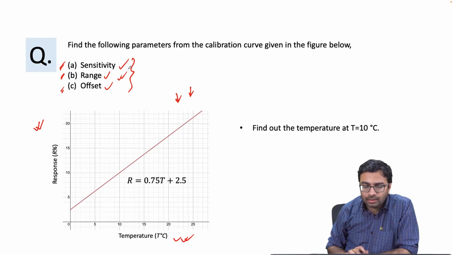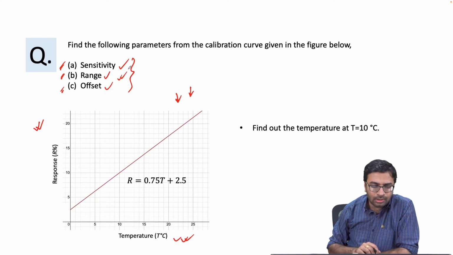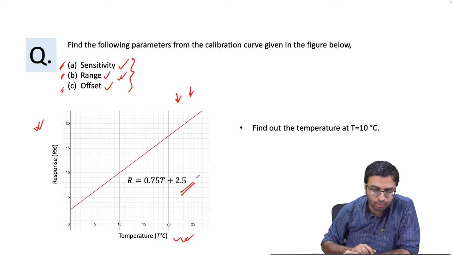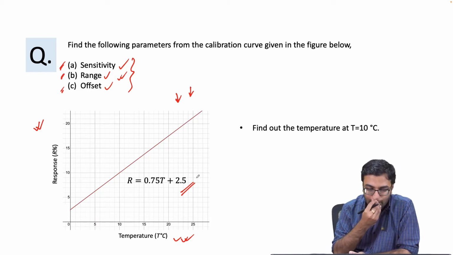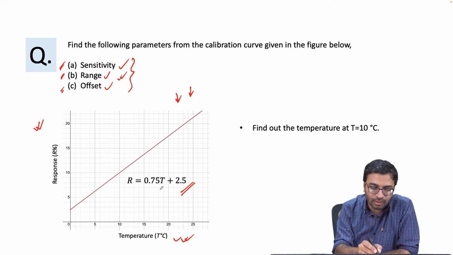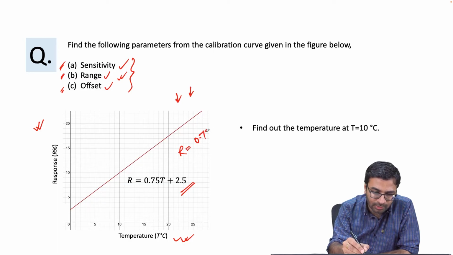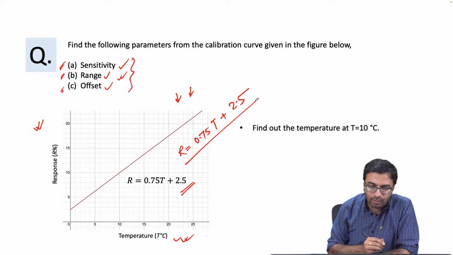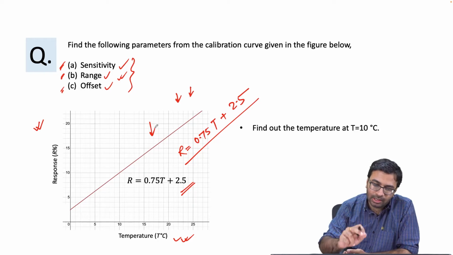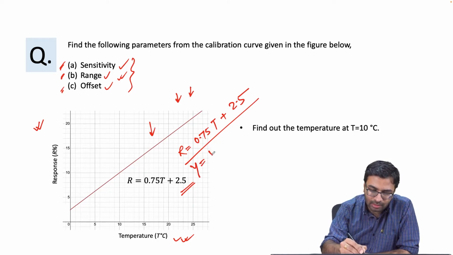And apart from that, in the calibration curve, they also have mentioned the relation between input and output. So it's a linear plot where your response R is equal to 0.75 T plus 2.5. From the curve itself, it is very clear that the calibration curve is linear. From the equation also, it is very clear that the calibration curve is linear.